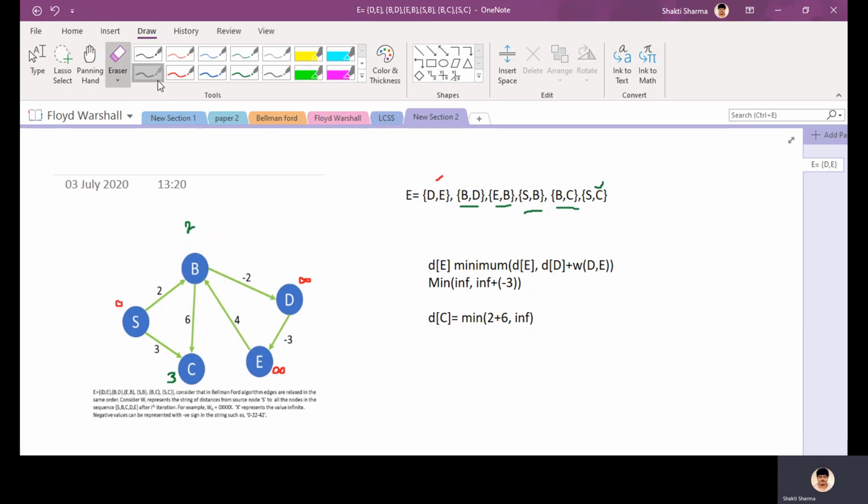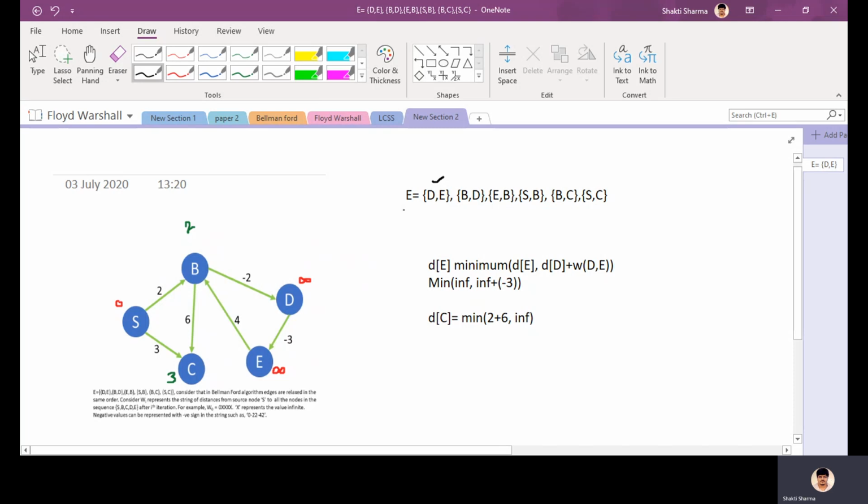Now again we try to relax the edges in the same way. I'm changing the color of my pencil. So first we relax DE. Relaxing DE will not give me much because the cost of reaching node D is infinite.